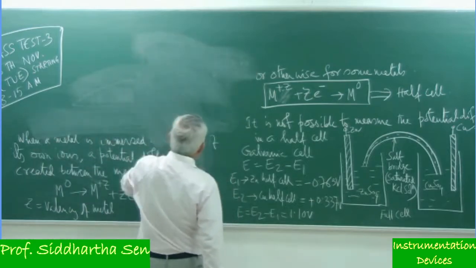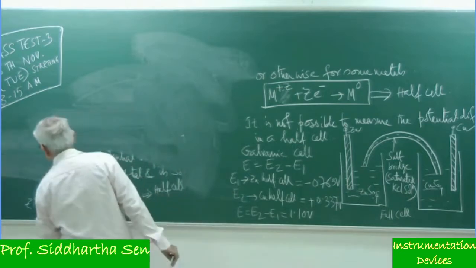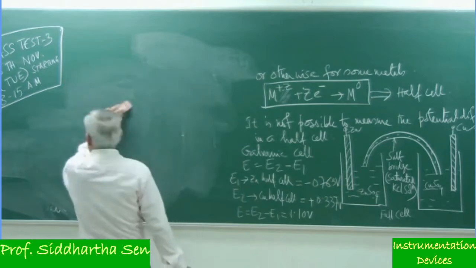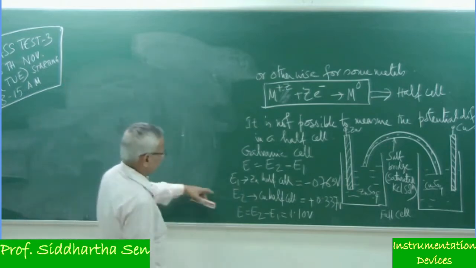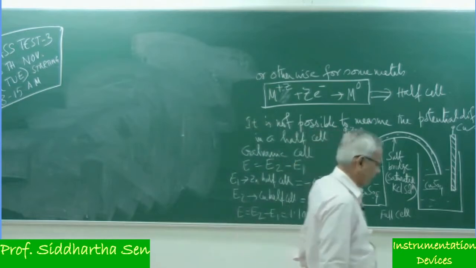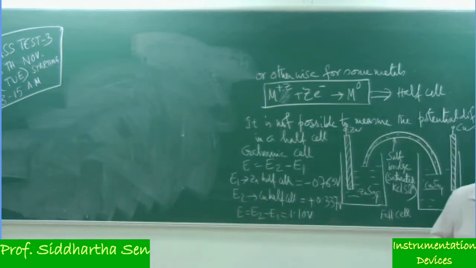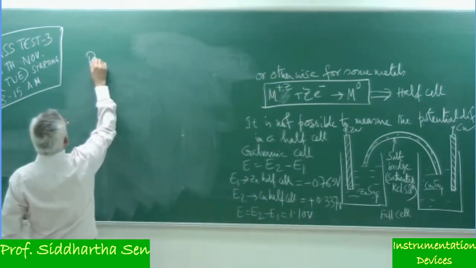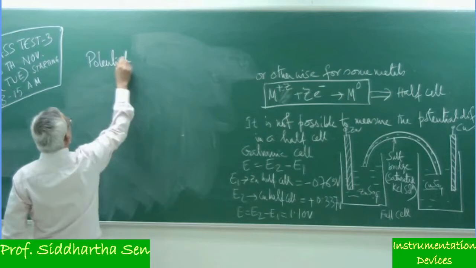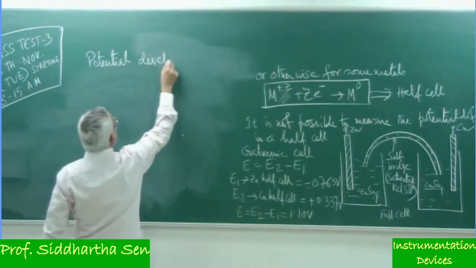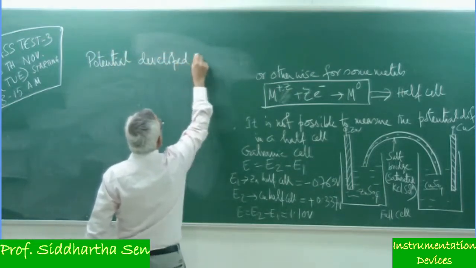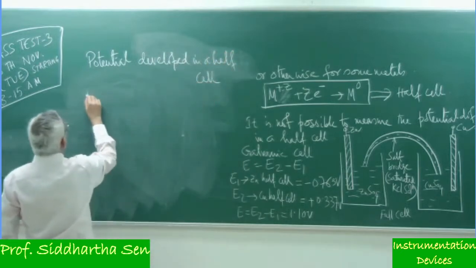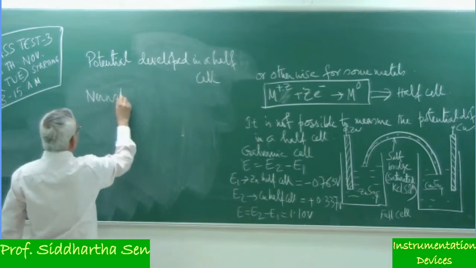But before that, possibly you have also come across the potential developed by a half cell. Though I have given an arbitrary value, this is for a particular saturated solution. But actually, the potential developed in a half cell comes from the Nernst equation.